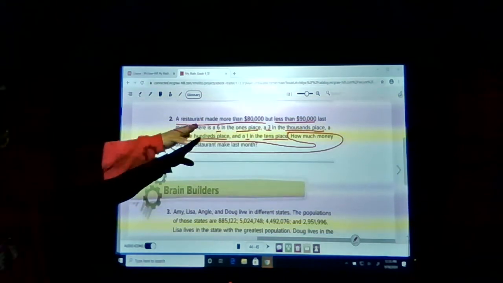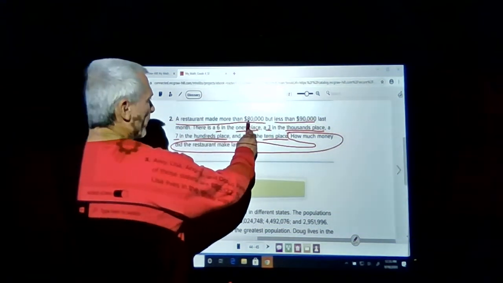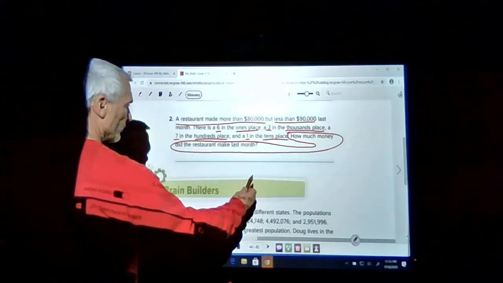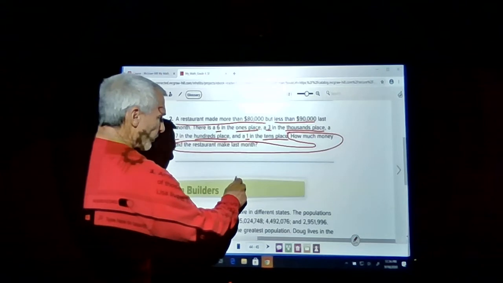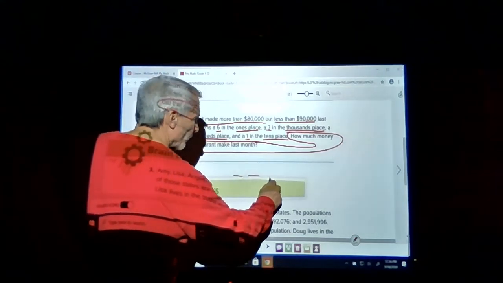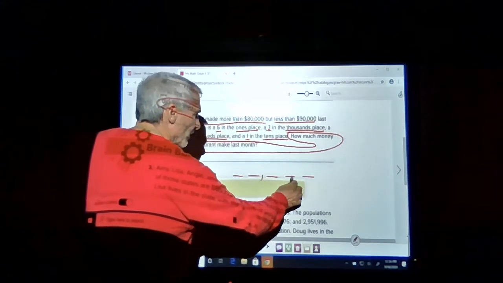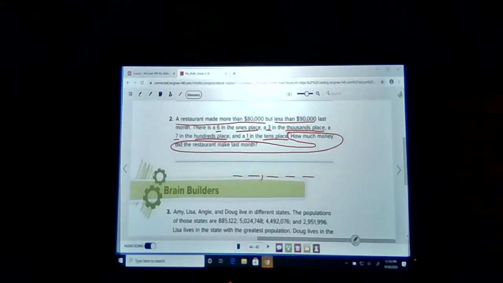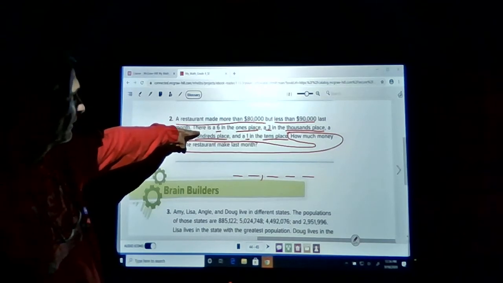All right. It's got to be between these two. And that means how many digits do we have? 1, 2, 3, 4, 5. So here's what I like to do. You can use your place value chart. This is another way to do it. 1, 2, 3, 4, 5 digits. Ones, tens, hundreds. Let's just go through this, and you do it before me.